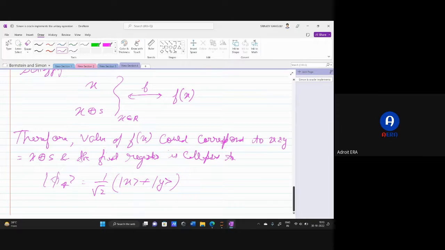This is what the state is after taking the measurement, because remember the second register has collapsed, therefore it has vanished. You do not need to write it. This is only the first register case. Therefore, this is the step.